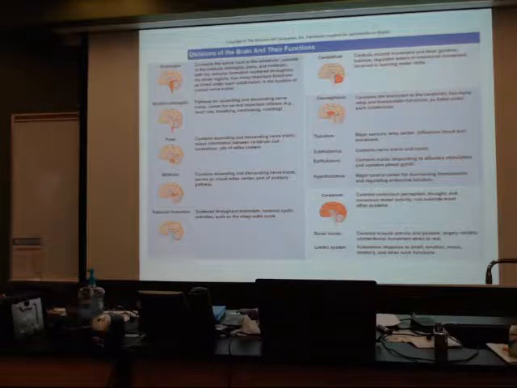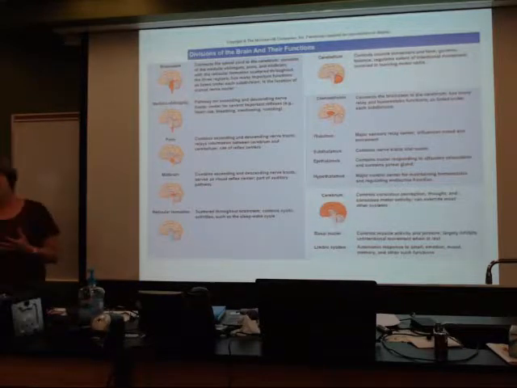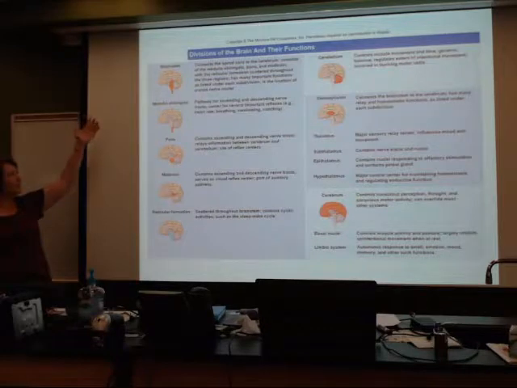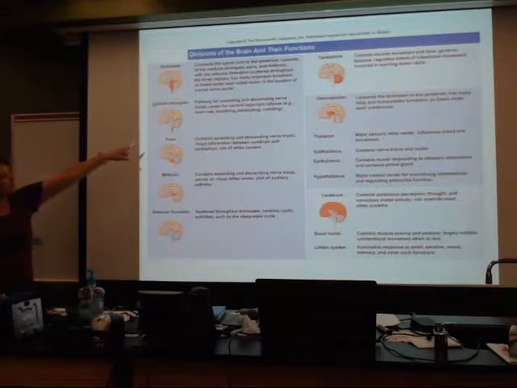All right? And there are certain terms that you're going to come across in patient charts. We're going to have the brainstem, the medulla oblongata, gotta love that. Look what it does: heart rate, breathing, swallowing, vomiting.